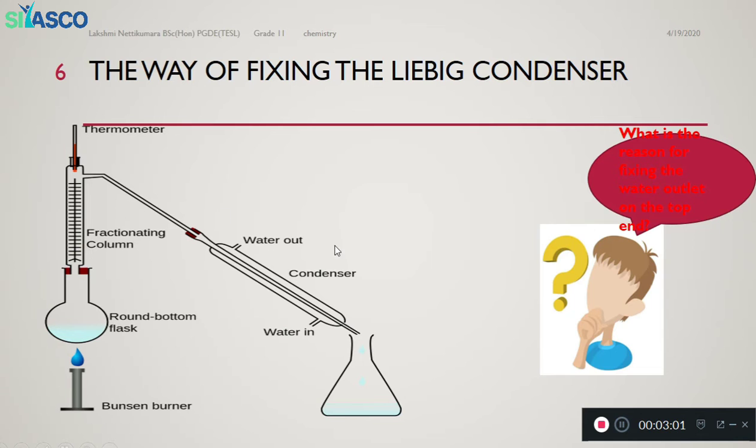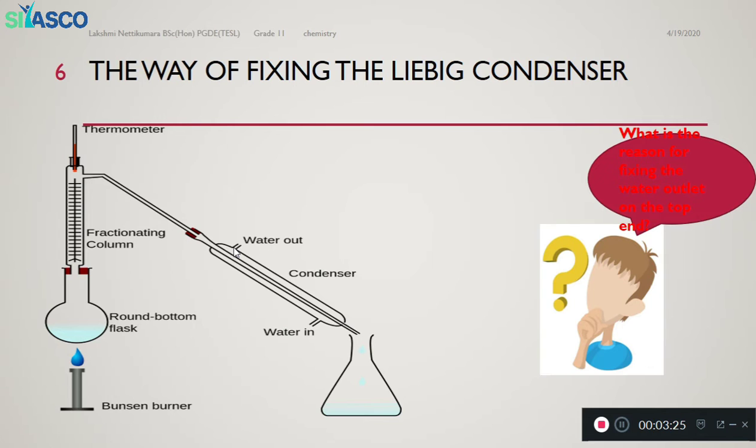Now you have to put your attention here, water in and water out. What is the reason for fixing the water outlet on the top and the inlet at the bottom? Think, you have to think. I will give you a clue. When you provide water from this end, what will happen to the water flow?